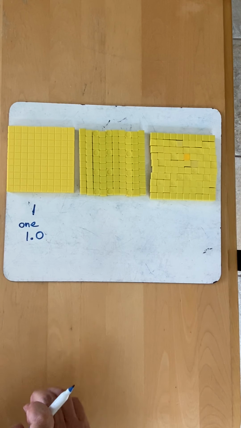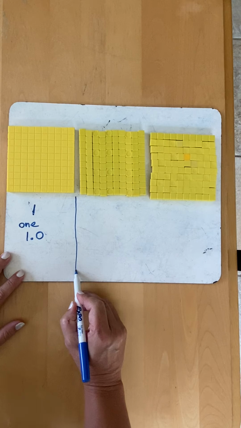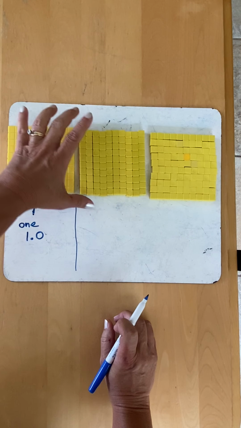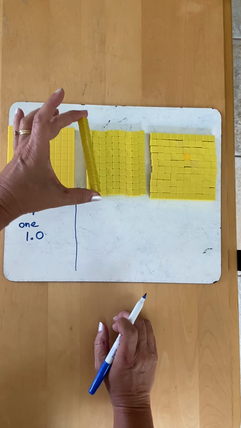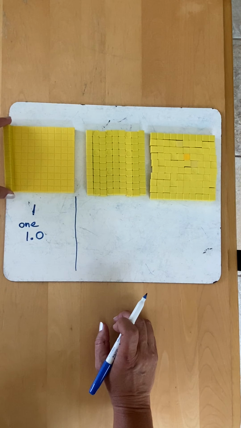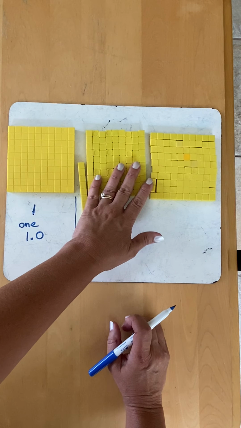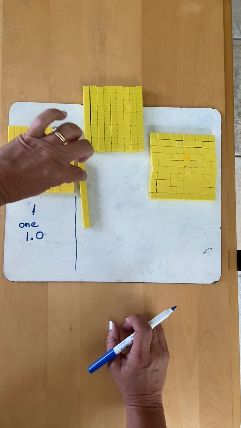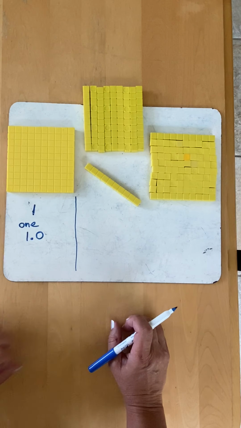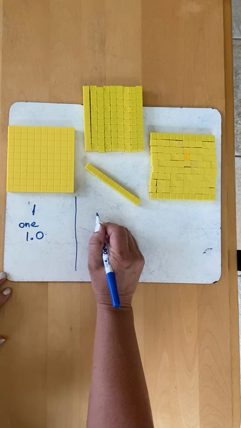Then I go to this next size right here. And this next size, it takes 10 of these to make this whole over here. So if I just take one of these out of this whole piece right here, this is 1 out of 10 that makes the whole.